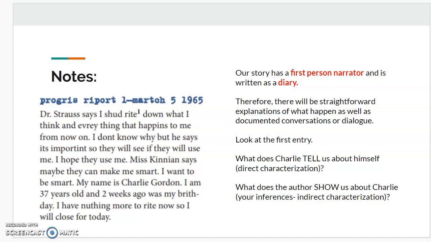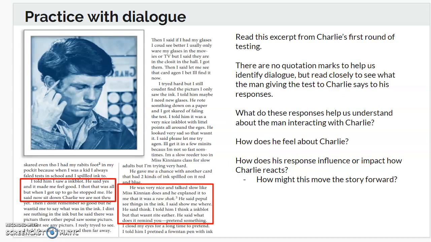So that's the first step to this. The second step to this would be looking at examples of actual dialogue. So this whole page here, you're going to read this page. It's in the short story, and I'm not going to read the whole page, but I want you to notice that there is conversation. Now, when the story first starts, there's not going to be any quotation marks to help us identify dialogue.